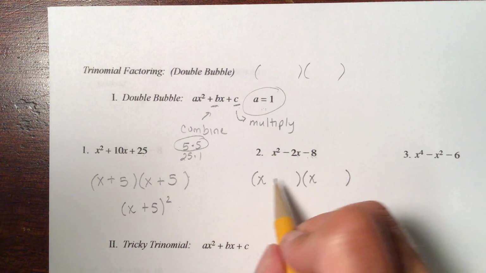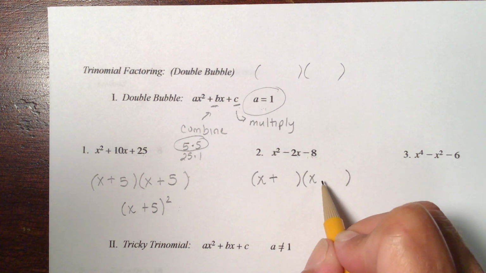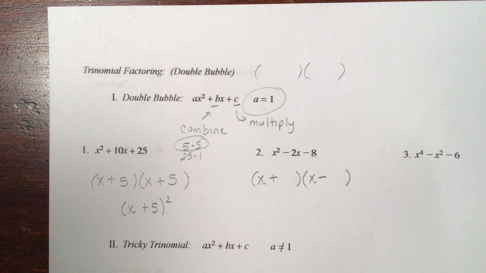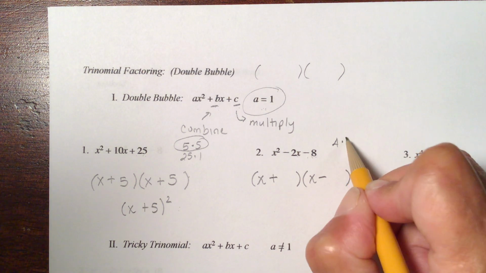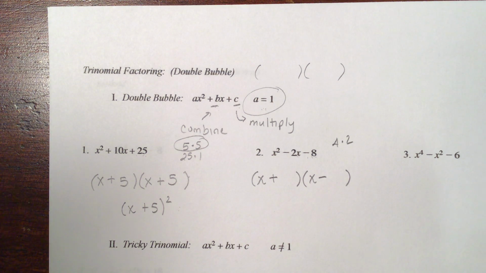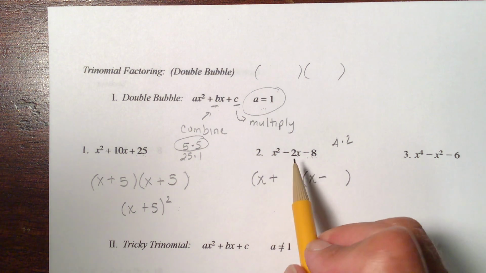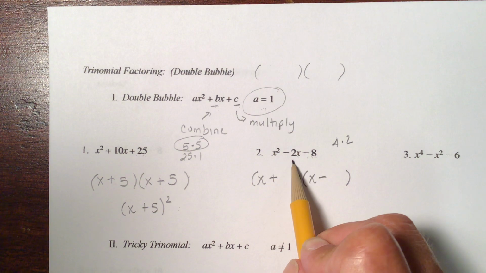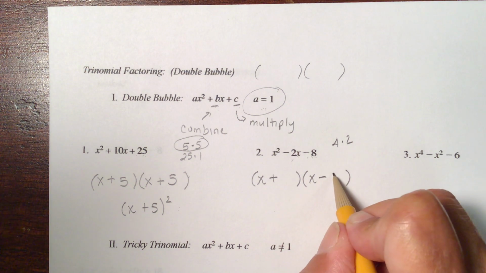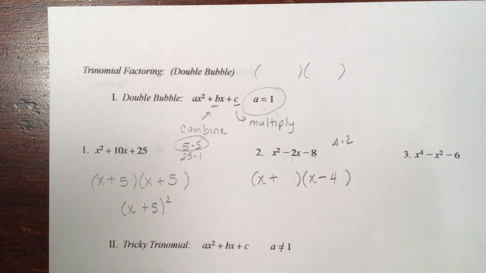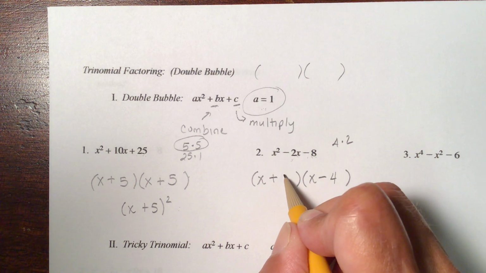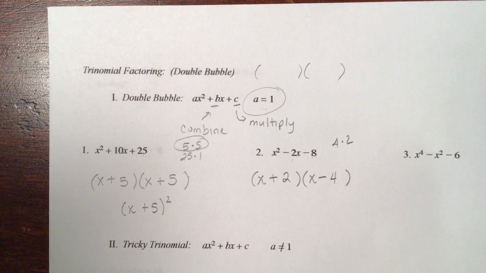This is going to be negative, so I know that one set of parentheses is going to be positive, one is going to be negative. And it's pretty obvious here. We're going to be dealing with 4 and 2. Okay. My middle term is negative, so the larger factor is going to be in the negative spot. So I have x minus 4 and x plus 2.